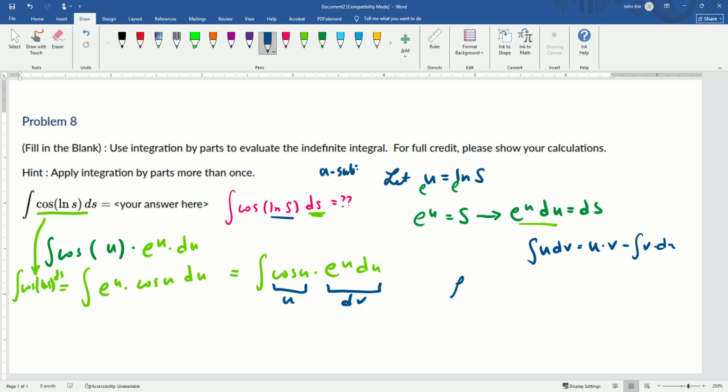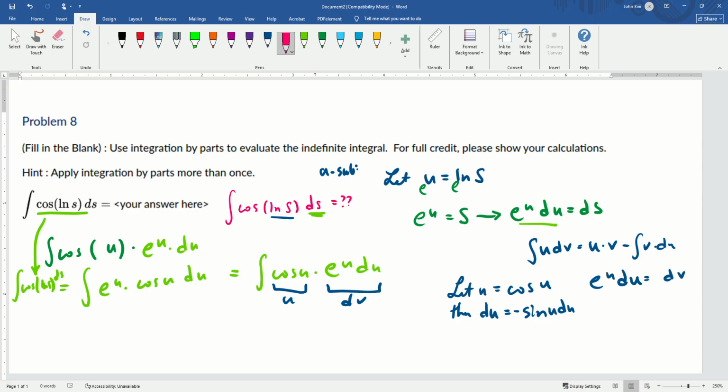So let u equal cosine of u, and let dv be e to the u du. Then the derivative of cosine is negative sine of u du, and e to the u du should equal dv.